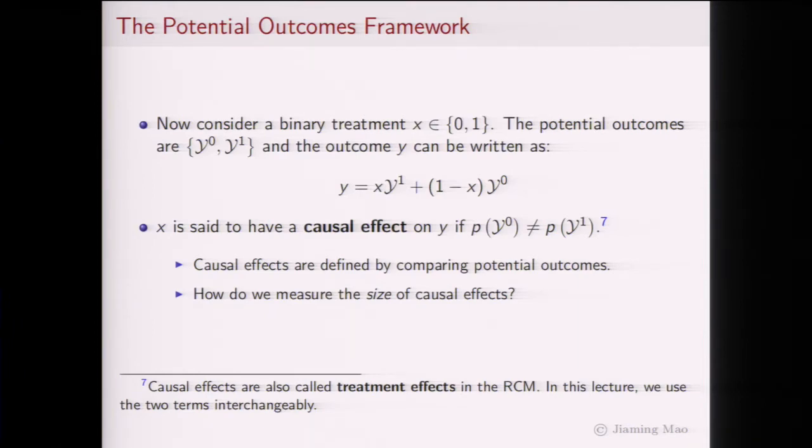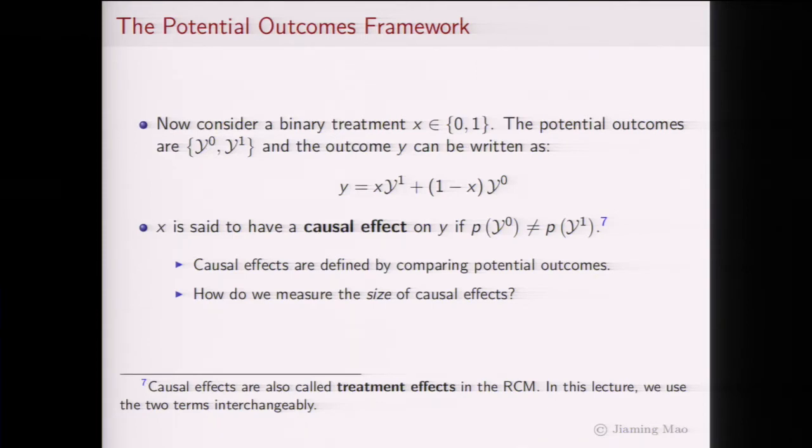But as long as x has an impact on y, then receiving x equal to 1 versus x equal to 0 will give you a different distribution of y in the end. So that's related to the potential outcomes. If they are not equal, we say there is a causal effect. And how do we define a causal effect? As long as they are not equal, it's a causal effect.